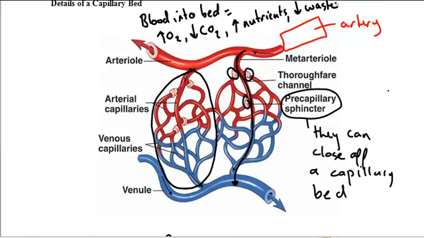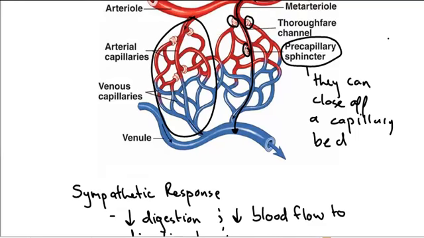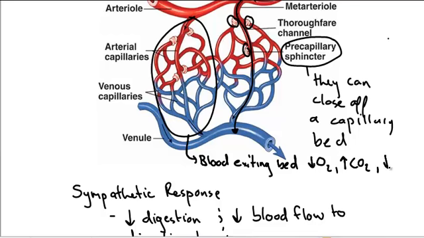And as it performs exchange across the capillary bed and comes out this way, the blood exiting the bed should now be low in O2, higher in CO2, low in nutrients, and high in waste. Okay.